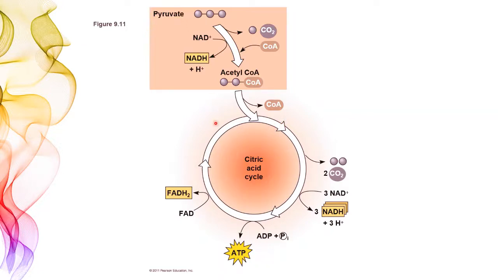And from this cycle, you can see that from 1 molecule of pyruvate, which will form 1 acetyl-CoA, and after this acetyl-CoA enters the citric acid cycle or Krebs cycle, there will be 2 carbon dioxide produced, 3 NADH, 1 ATP, and also 1 FADH2.